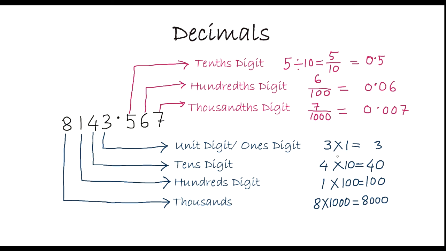Now this is how we count the digits. We name the digits before and after the decimal point, and those are the place names and those are the place values.